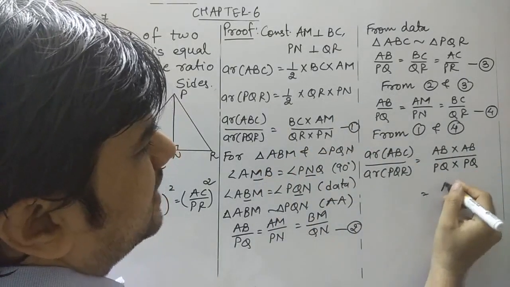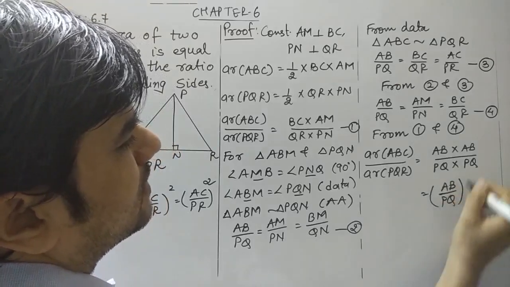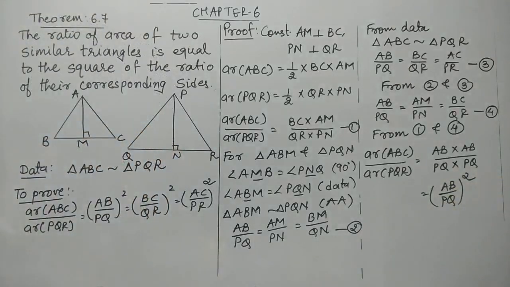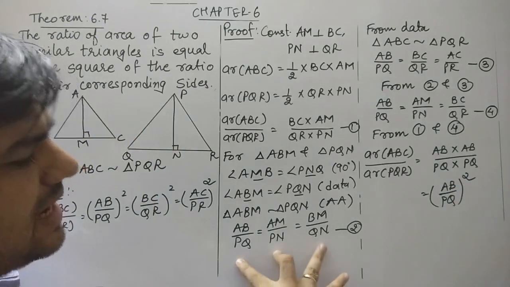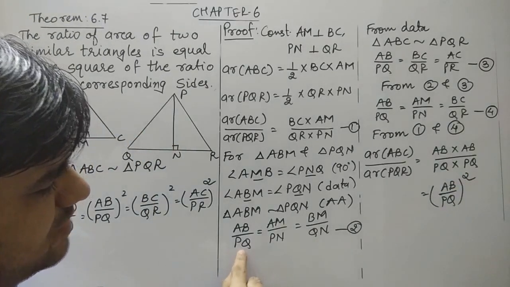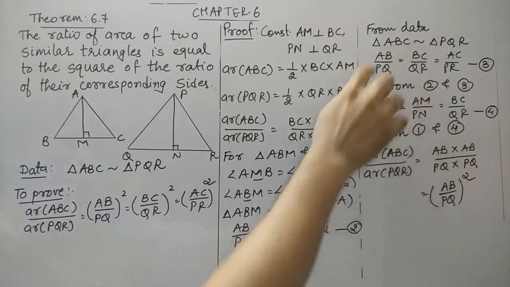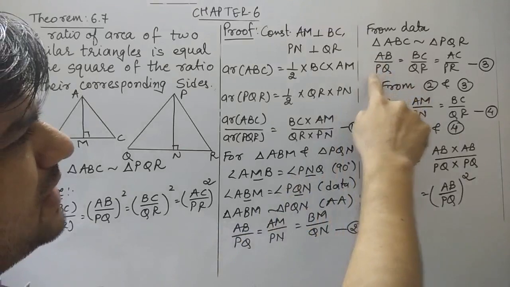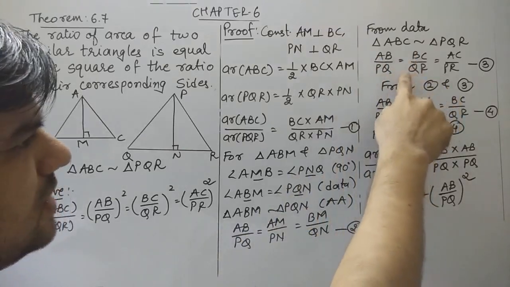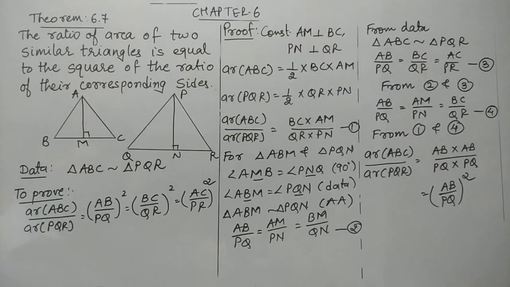So hence we obtain AB upon PQ the whole square. Now we know that these are all corresponding sides. If AB upon PQ is the same as BC upon QR, then the square of this obviously equals the square of this.